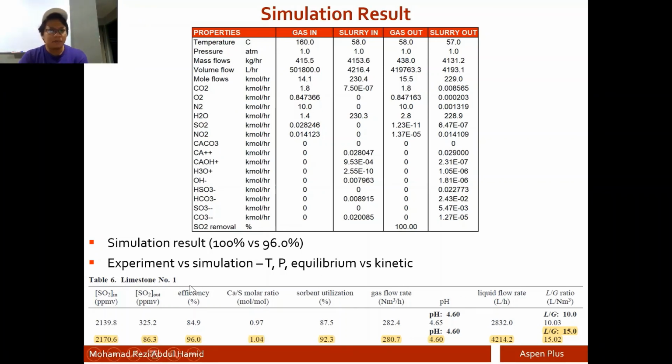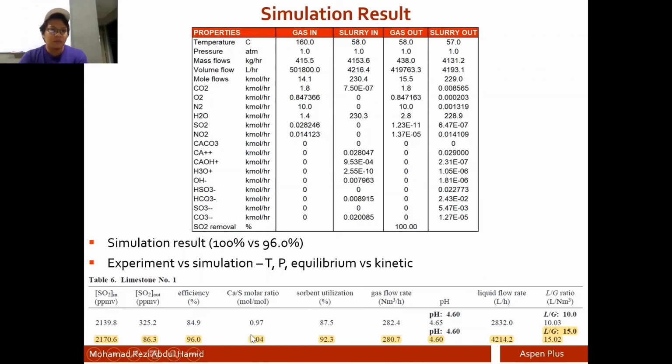And if you see here, I took this table 6, which is taken from the references, where I chose an L/G ratio of 15. And the liquid flow rate is the same as mine. If you see 4214, my flow rate is 4216. And then the gas flow rate is in standard meter cube per hour, and it is equivalent to this.